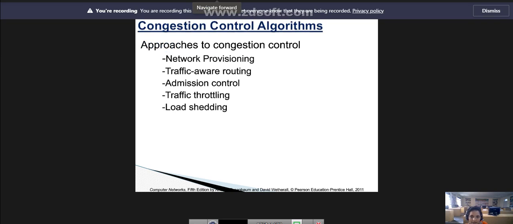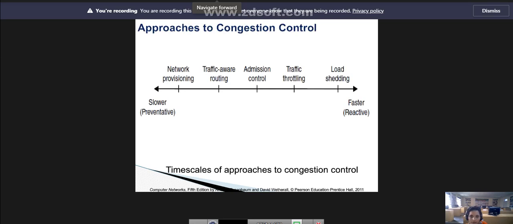Next, the congestion control algorithms include network provisioning, traffic-aware routing, admission control, traffic throttling, and load shedding. Now, approaches to congestion control. The presence of congestion means that the load is temporarily greater than the resources in part of the network can handle.